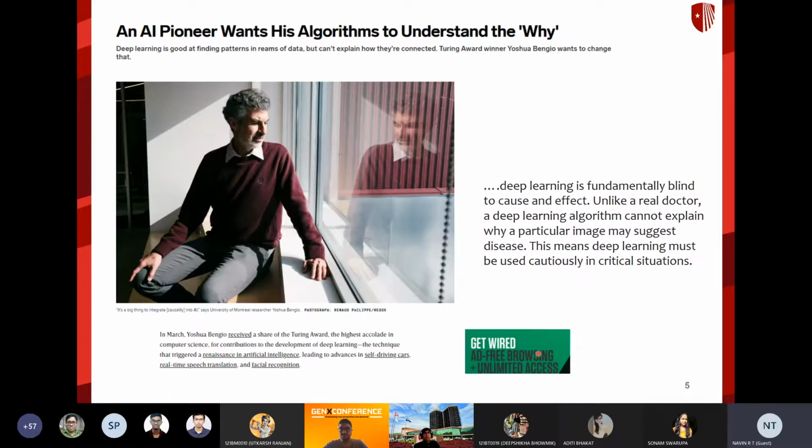So Yoshua Bengio, in one of his interviews, mentioned that deep learning is fundamentally blind to cause and effect. Now, unlike a real doctor, a deep learning algorithm cannot explain why a particular image, for example, may suggest disease. This means that deep learning must be used cautiously in critical situations, especially where the life of a patient is on the line.